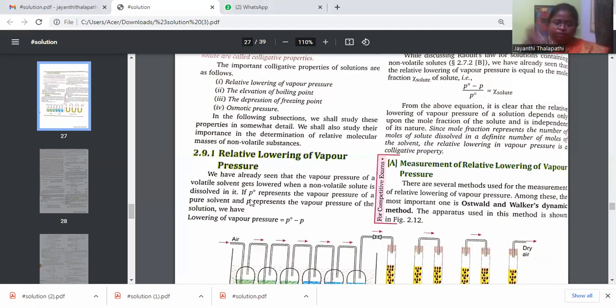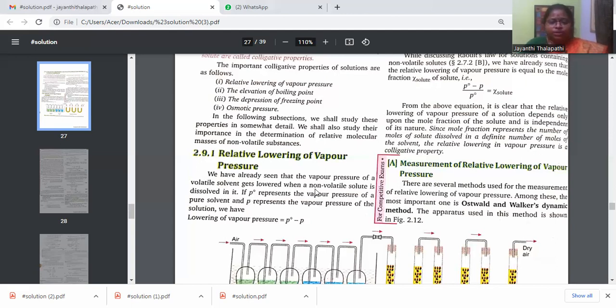So in a volatile solvent, if you add a non-volatile solute, suppose in ethanol you add water, it suppresses the vapor pressure, right? It reduces the volatility.